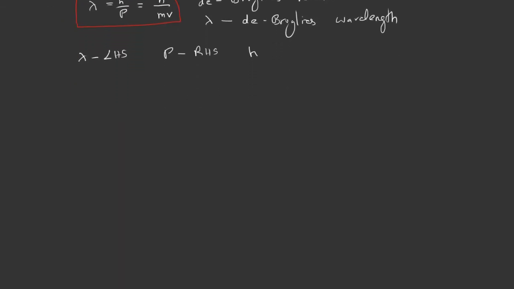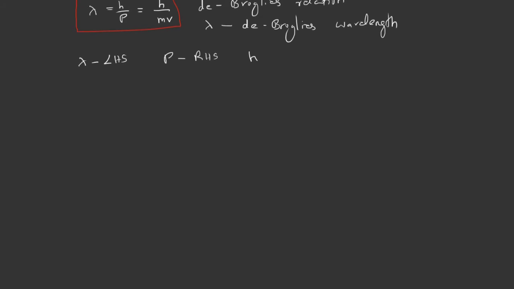We can express this idea by considering electromagnetic radiation. We already studied that the energy of a photon with a frequency nu is given by E is equal to h nu, that is equal to hc by lambda. From Einstein's energy-mass relation, we know energy E is equal to mc square.